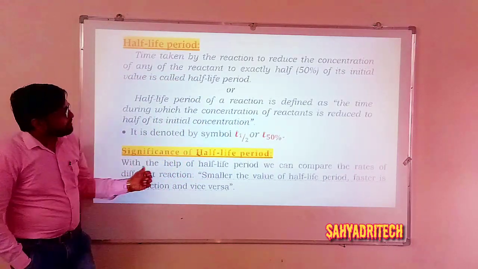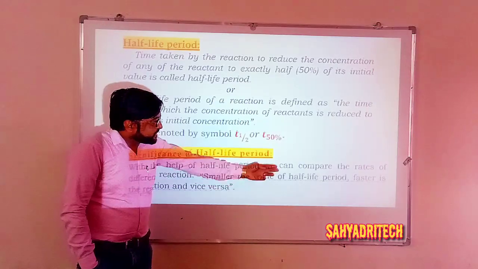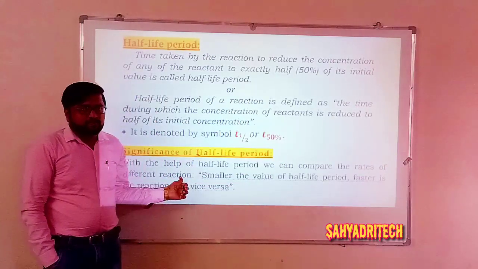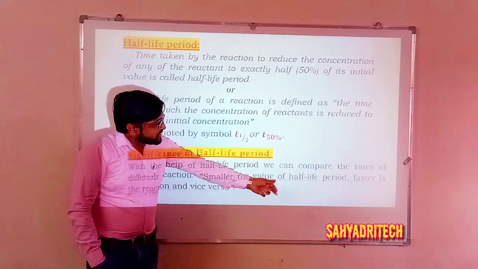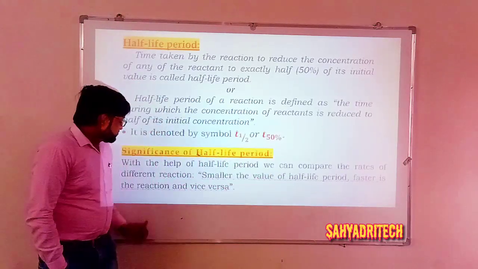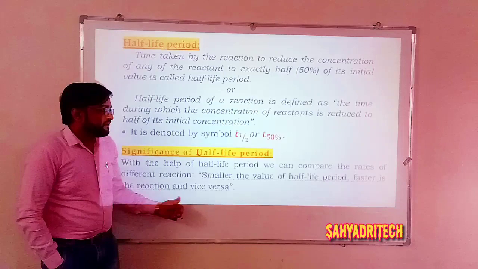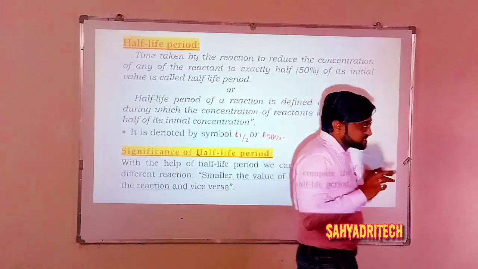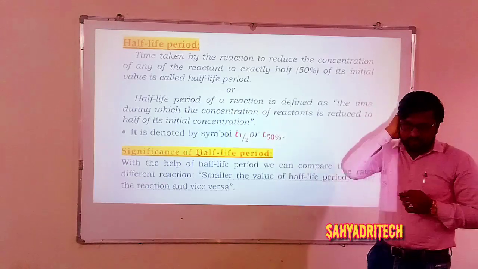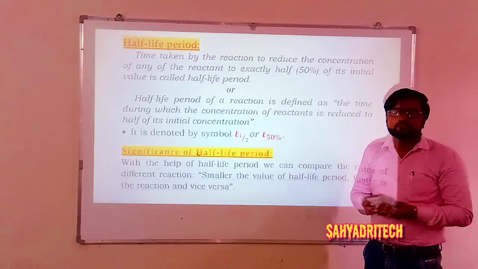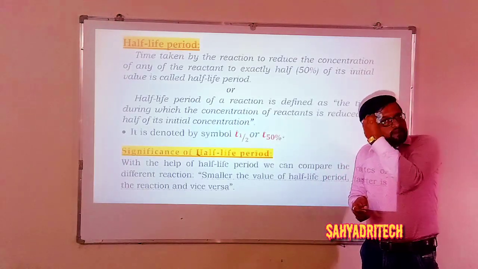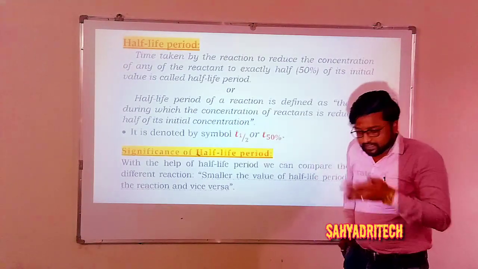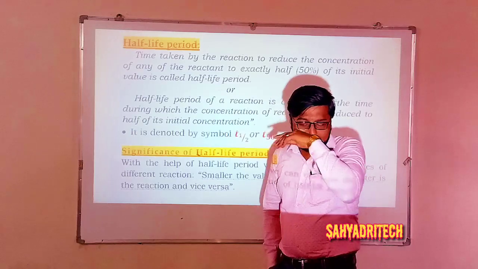So with the help of half-life period we can compare the rates of different reactions. Smaller the value of half-life period, faster is the reaction, and vice versa. As I already mentioned, t is inversely related to k. Therefore, smaller the half-life period, greater is the k value, hence rate of a reaction is high.